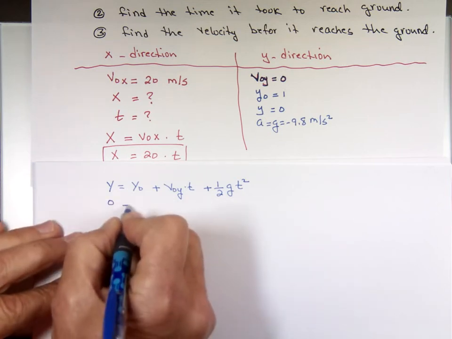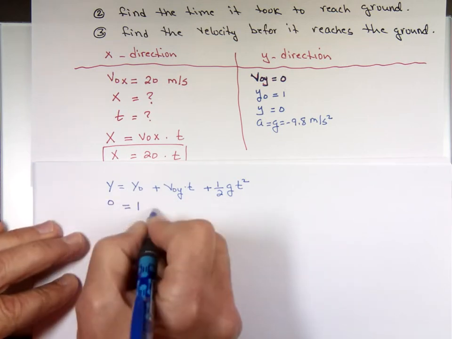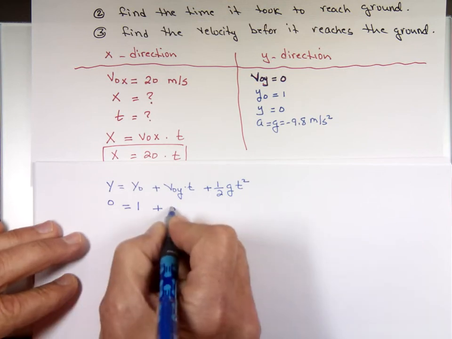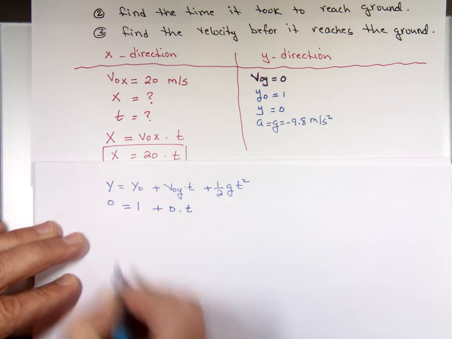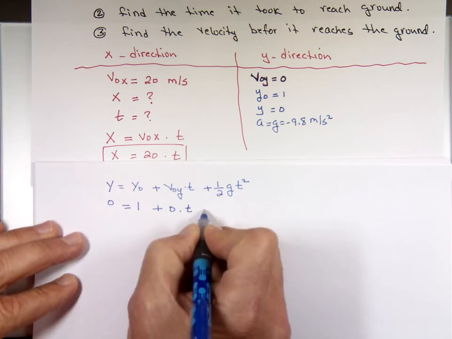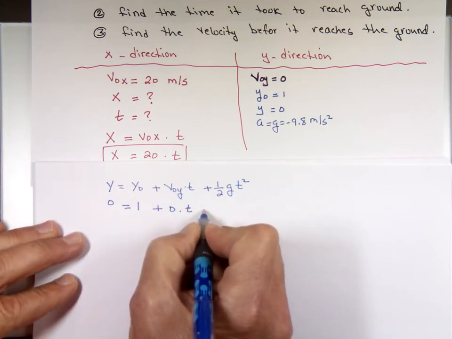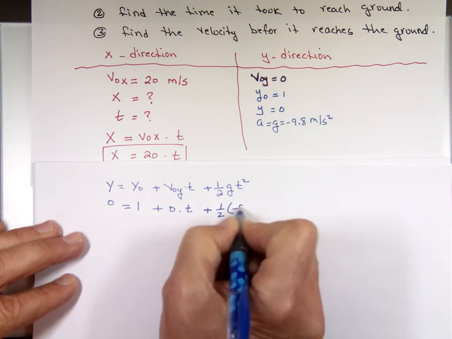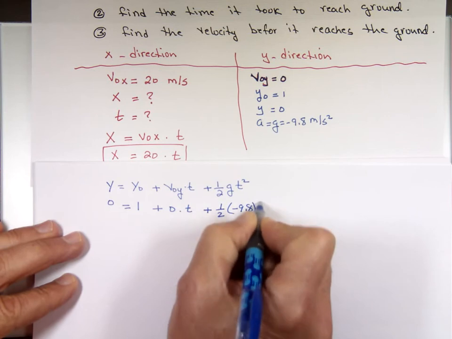What's y sub 0? 1. The initial velocity in the y direction is 0 times t. This will be plus 1/2 times negative 9.8 t squared.